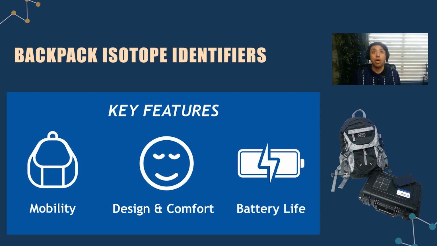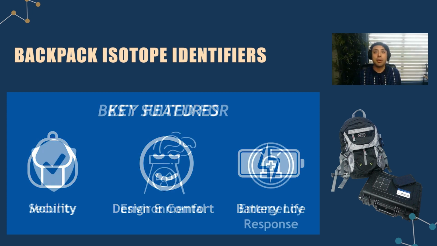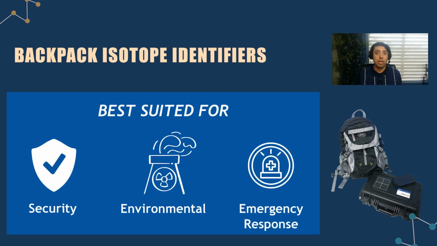So, typical scenarios where backpack isotope identifiers would be used: environmental monitoring for comprehensive assessment of contamination in large areas where prolonged hands-free operation is beneficial. Emergency response in scenarios requiring rapid deployment and extended operation, like a nuclear accident.